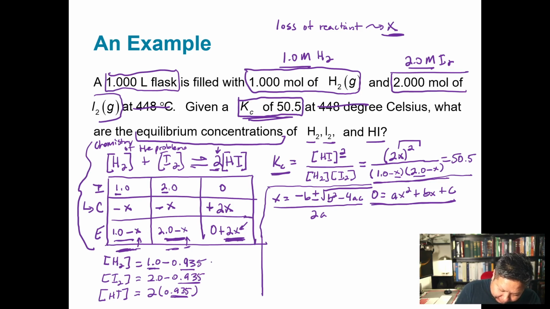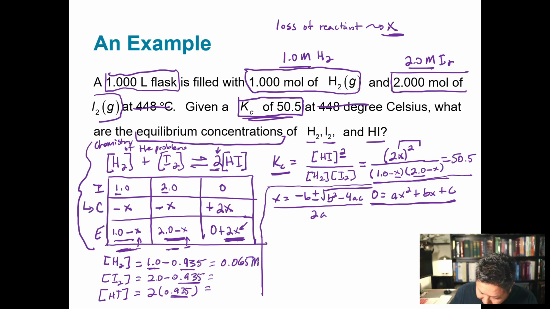And so now all we have to do is do our simple math, right? So I'm going to go ahead and figure this out right now. 1.0 minus 0.935, and that gives us 0.065, and that's our concentration for H2.